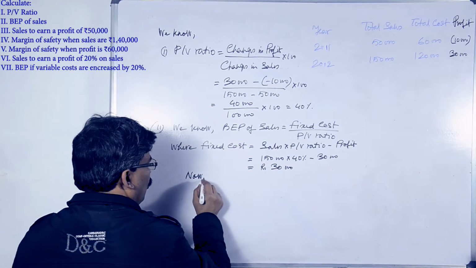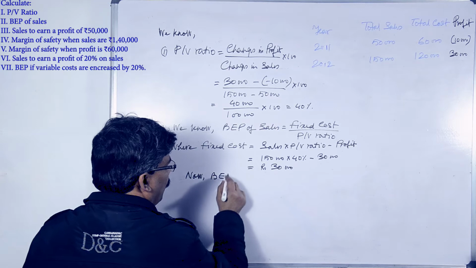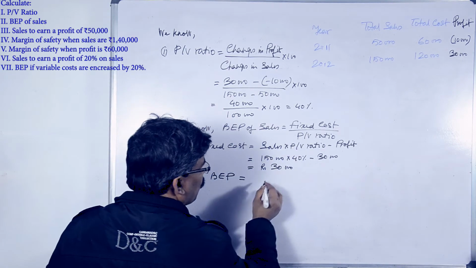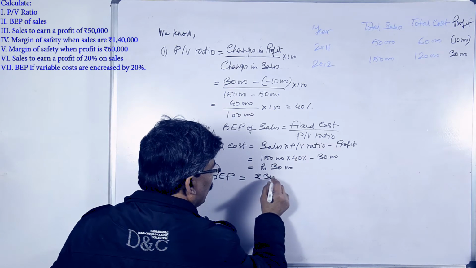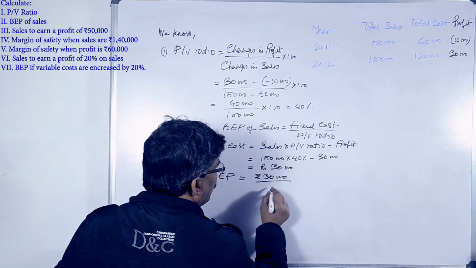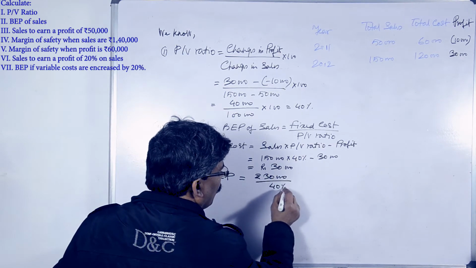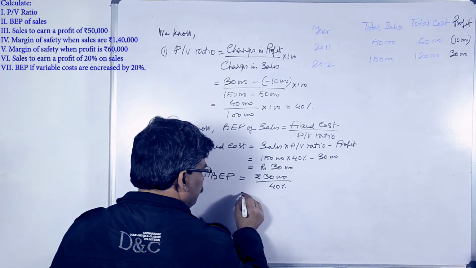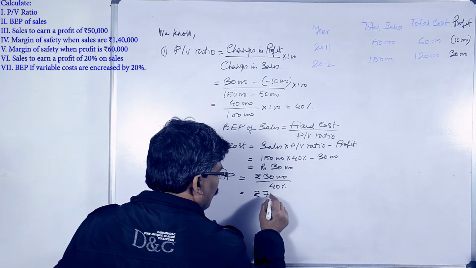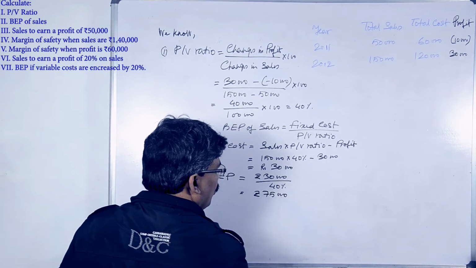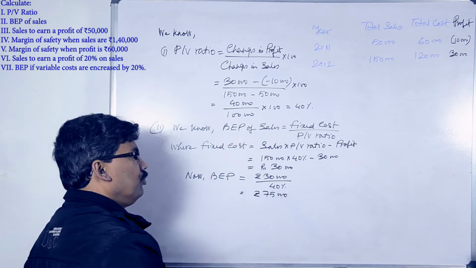Now break-even point equals fixed cost by PV ratio. Fixed cost is rupees 30,000 divided by PV ratio 40%. Rupees 75,000 is the break-even point.